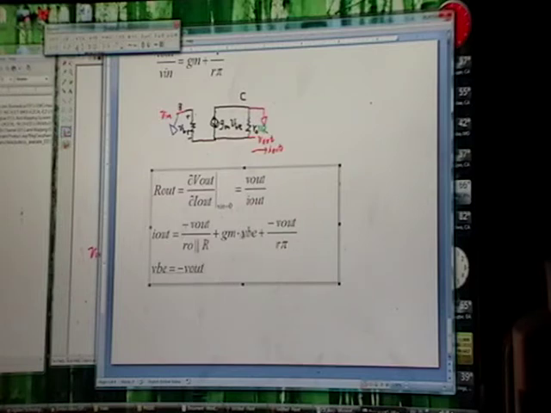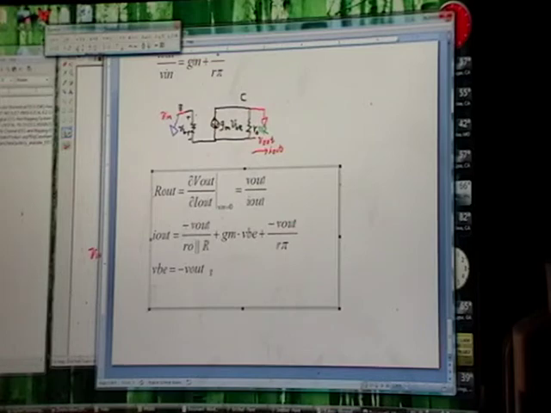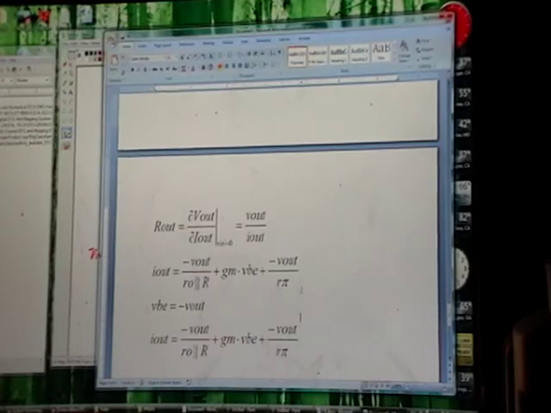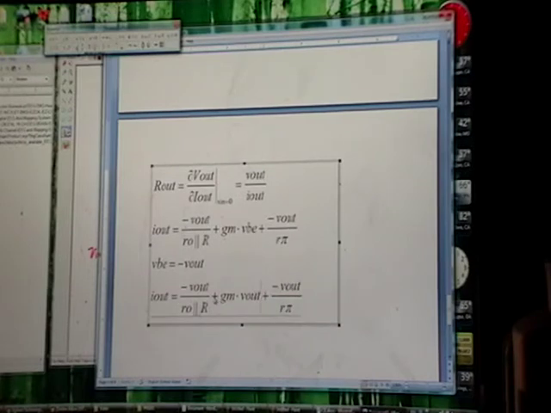Okay, replacing that back in this equation, and we'll end up on the next page. Replacing VBE with negative V out means you have this. So everything's negative there, and what we need is V out over I out.